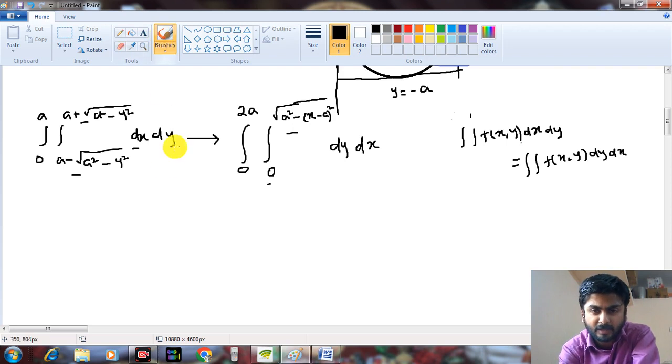So now we are integrating this. Integral 0 to 2a, this is dy. Integrating dy we will get y.